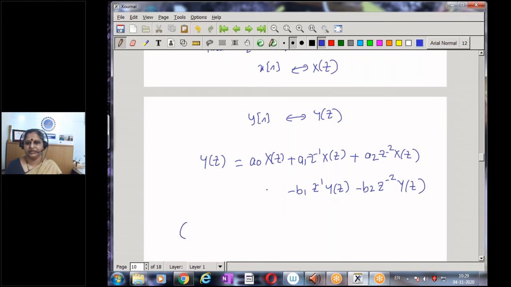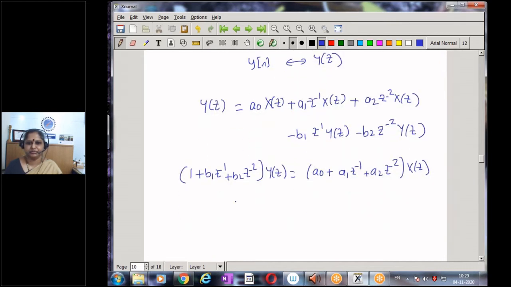I can just group them together, with all the Y of z terms on the left hand side. That gives me 1 plus b1 z inverse plus b2 z to the power minus 2, times Y of z, equal to a0 plus a1 z inverse plus a2 z to the power minus 2, times X of z. In general, we represent the system transfer function H of z as the ratio of the output transform by the input transform.